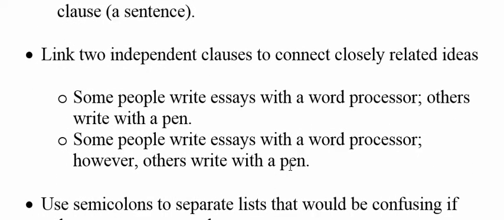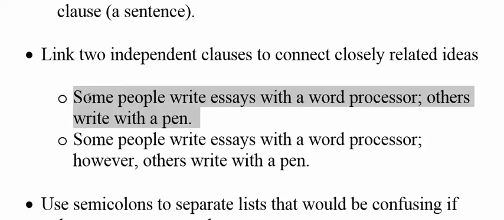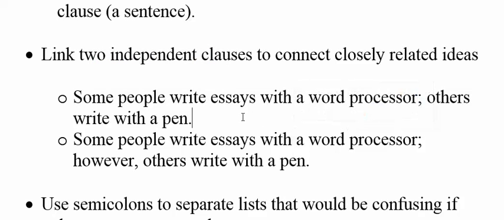Here are some examples of two independent clauses, sentences that are connected by semicolons. Some people write essays with the word processor; others write with a pen. They go together, and they both can stand alone because they're complete sentences.